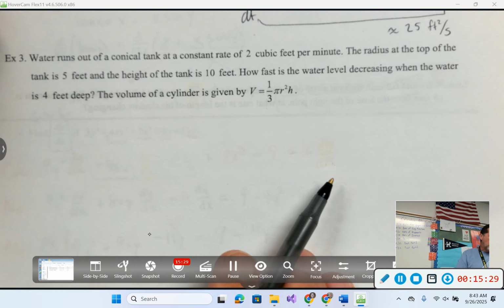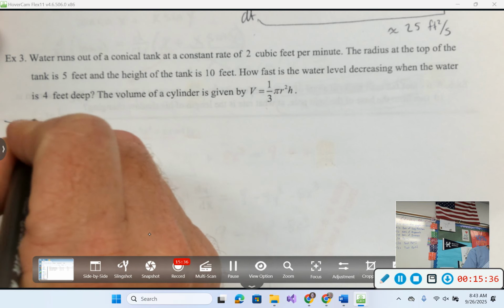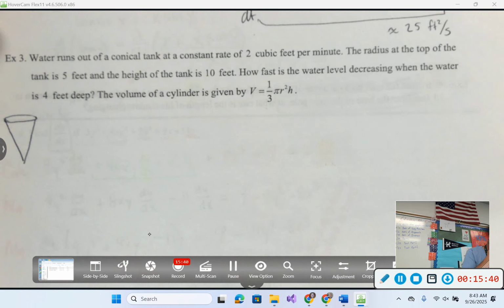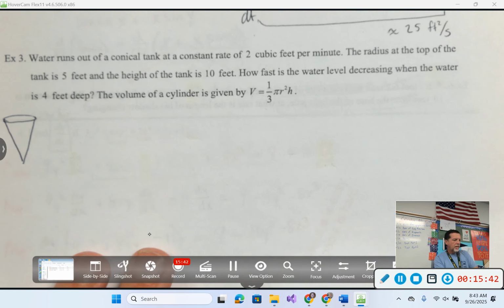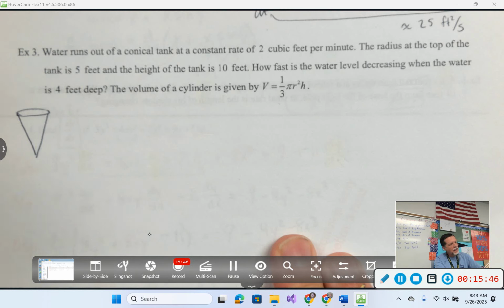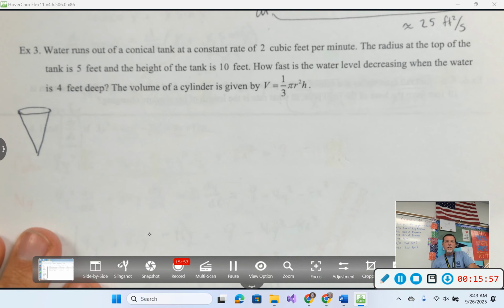Number 3. Water runs out of a conical tank at a rate of 2 cubic feet per minute. There's my conical tank. I think 4 might be easier than this one, but we'll do them both. Conical tank, 2 cubic feet per minute.